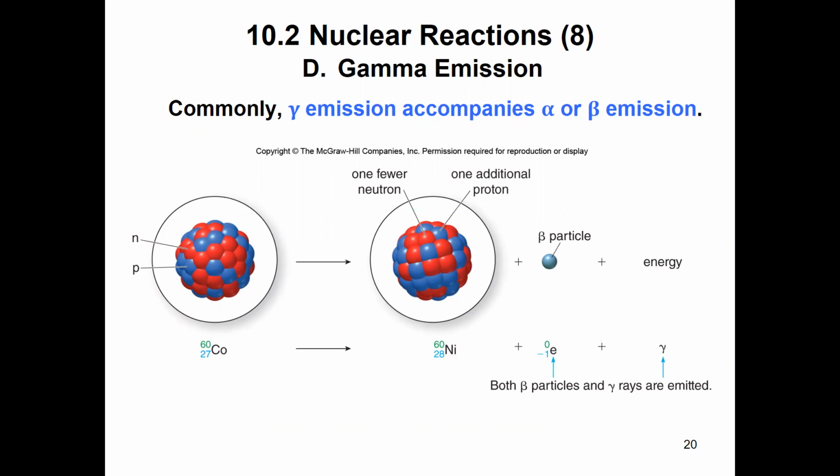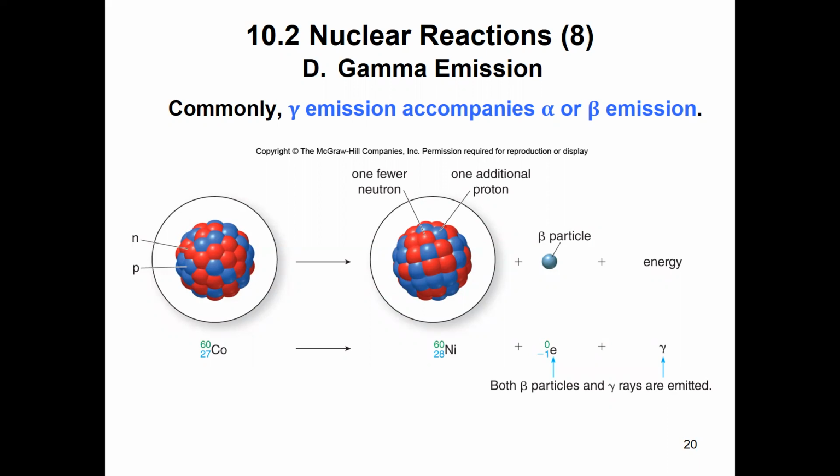For example, cobalt-60 decays with both beta and gamma emissions because a beta particle is formed. It's a different element this time, right? So here, cobalt-60 has an atomic number of 27, and it decays into a beta particle, which is a high energy electron with a mass number of 0 and a charge of -1.